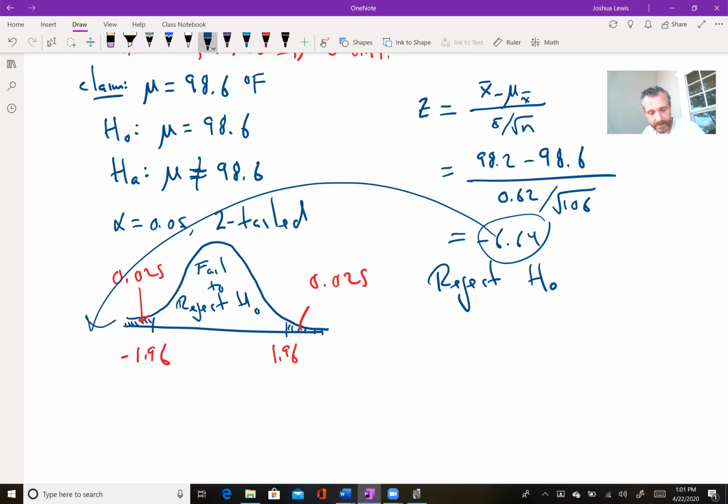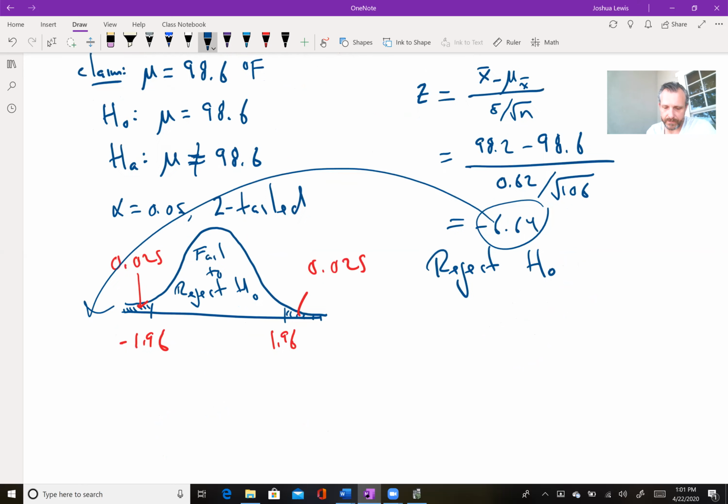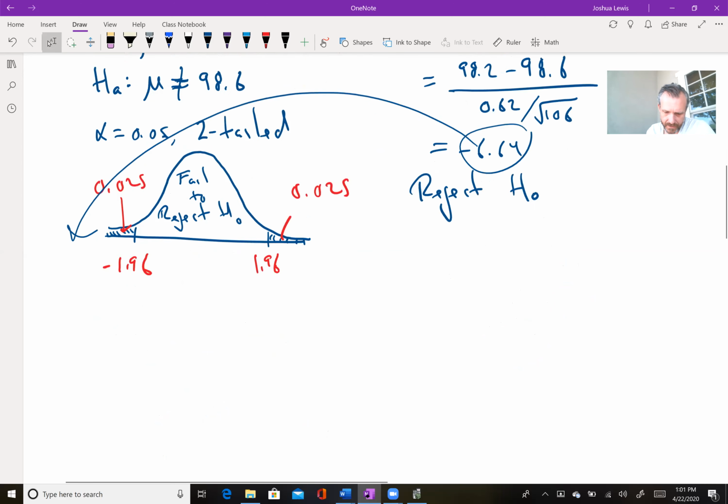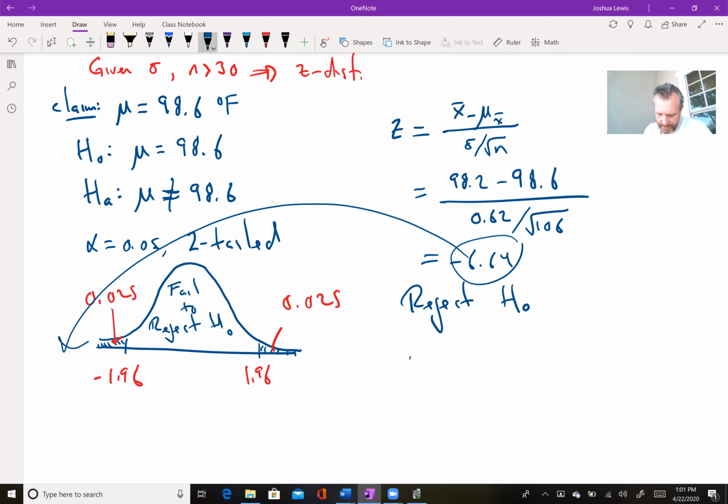Now we're at that point where we make our statement. So at alpha equals 0.05, this is where we need to ask, which of those two hypotheses was our claim? Well, our claim was the null. So if I'm rejecting the null, I am rejecting the claim.